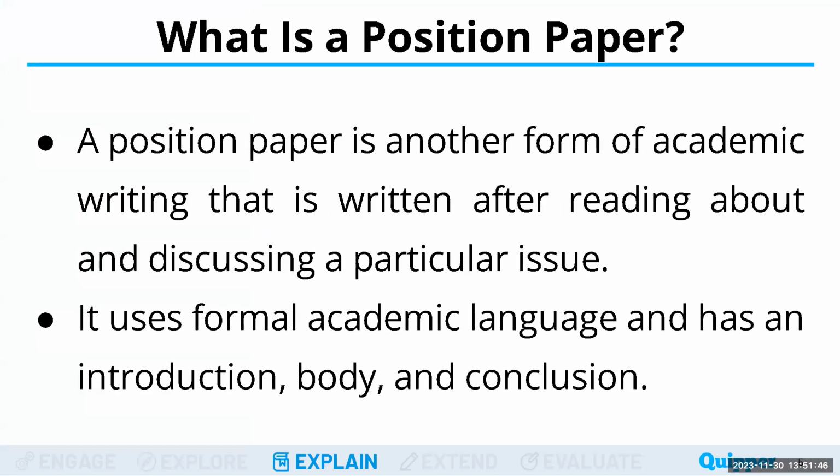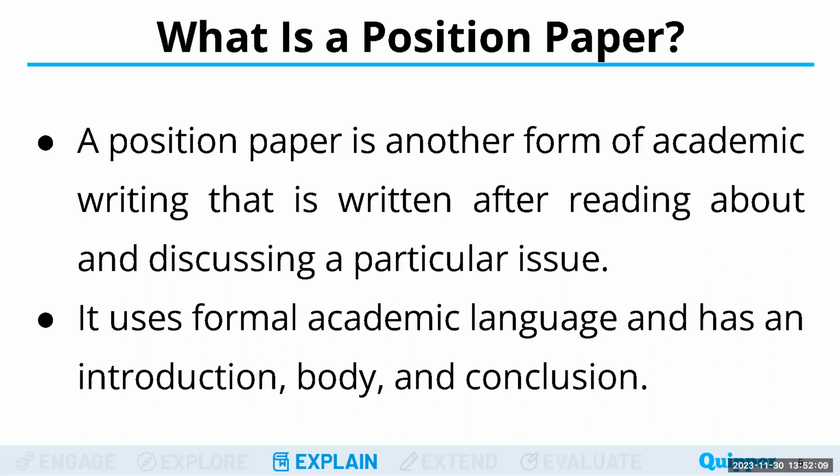Now, let's try to explain what a position paper is. Firstly, a position paper is another form of academic writing that is written after reading about and discussing a particular issue. Take note that when you write a position paper, you have already read about it and you have already discussed the particular issue about which you are going to write.